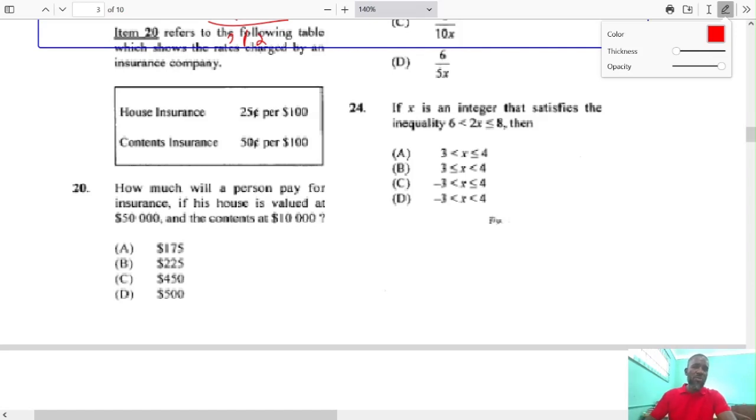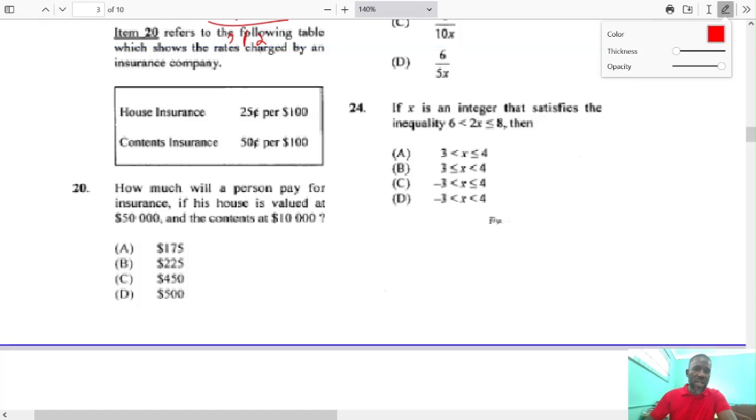So how much will a person pay for insurance if his house is valued at $50,000 and its contents at $10,000? One of the first things that we want to do is to find how many $100 is in 50,000. If you're not so sure, you divide 50,000 by 100.